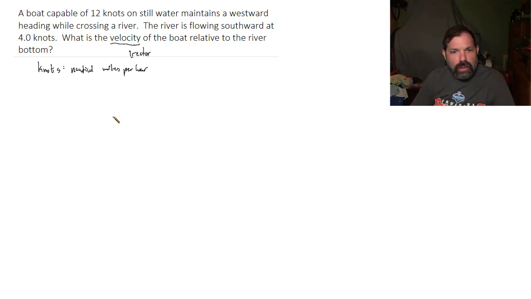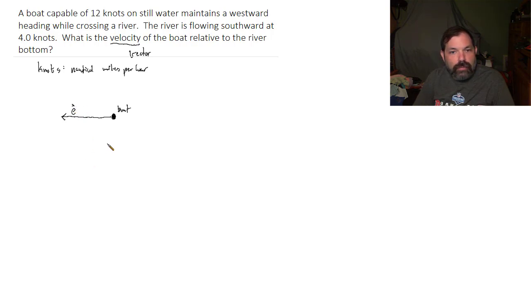So if we think of, here's the boat, what forces are acting on this boat? Think of it as a point in space. What's happening to the boat? Well, it's being affected by the engine that's taking it westward. Let's call that the E vector.